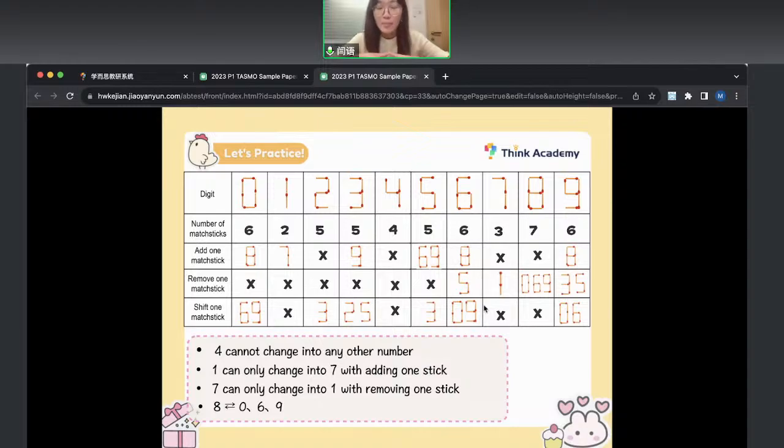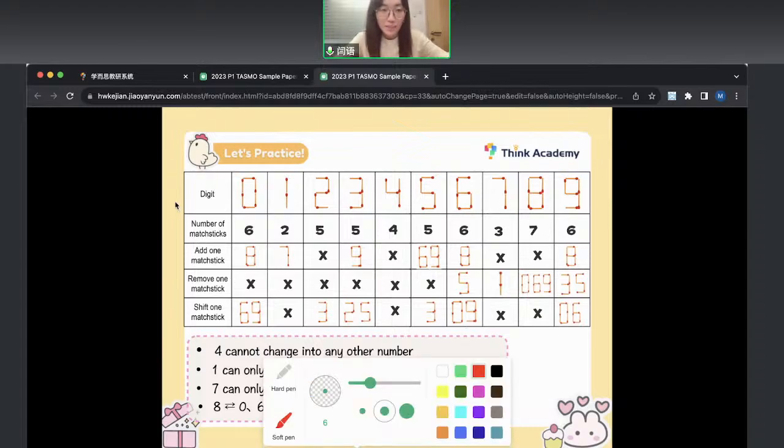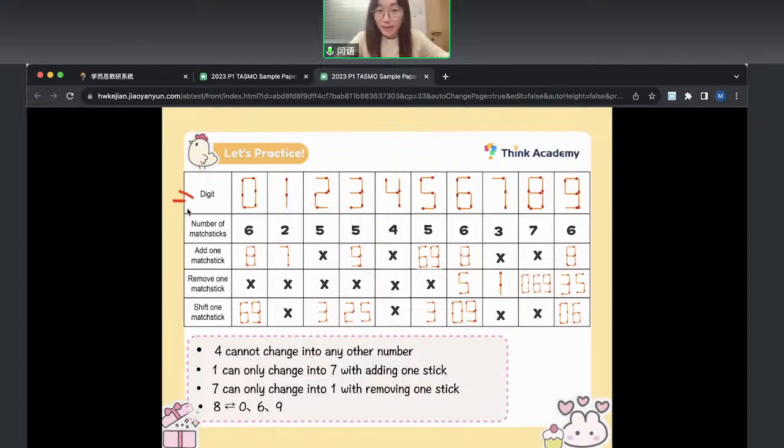But if the question doesn't tell you, we just follow this, from digit 0 to digit 9. Okay?